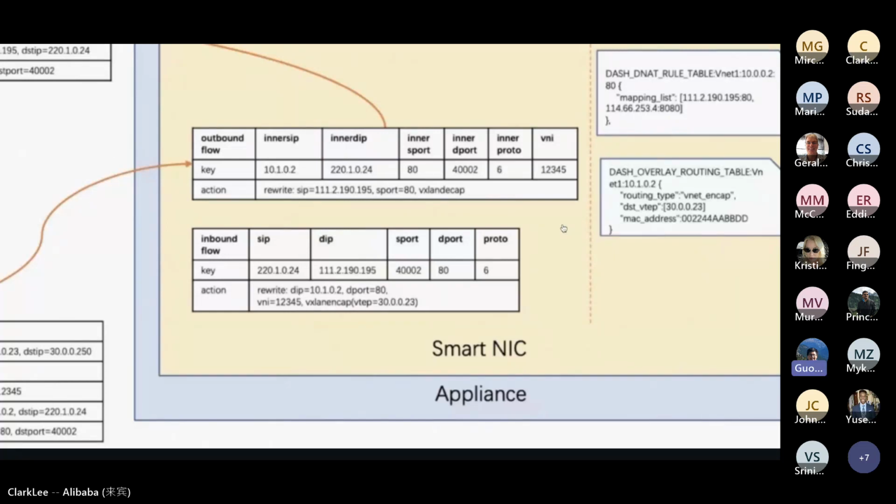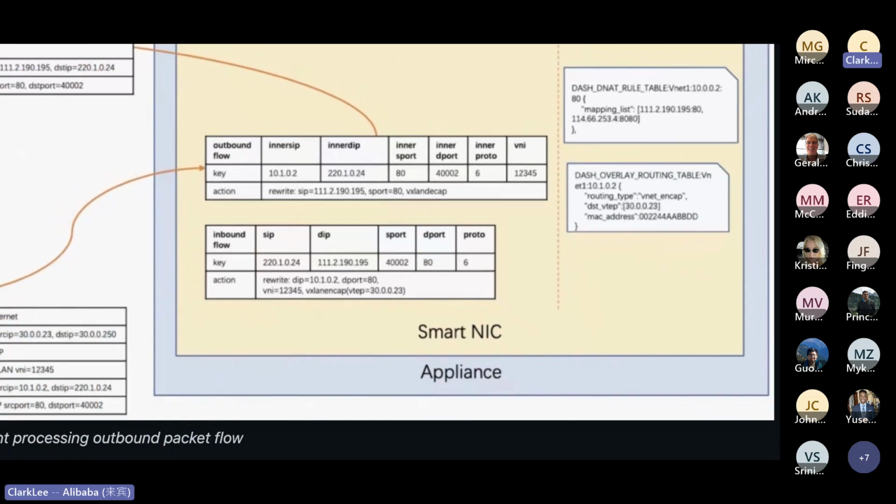I guess I didn't quite understand why you need the VNI on your outbound. I thought you guys mentioned that you just differentiate whether it's VXLAN or not, right? So what is the significance of the VNI here? What do you use the VNI for?